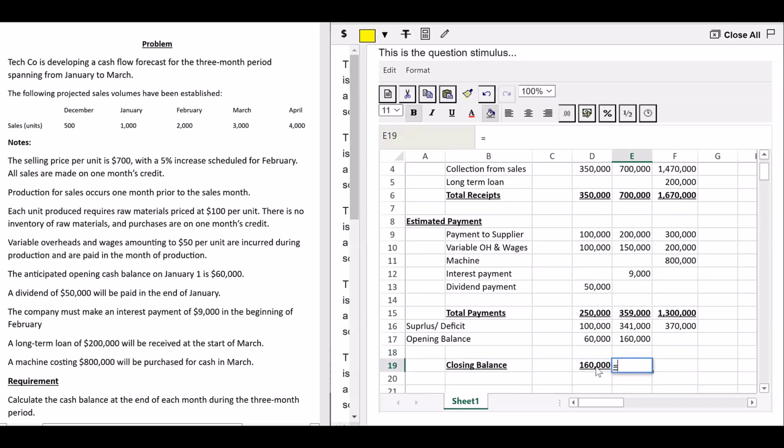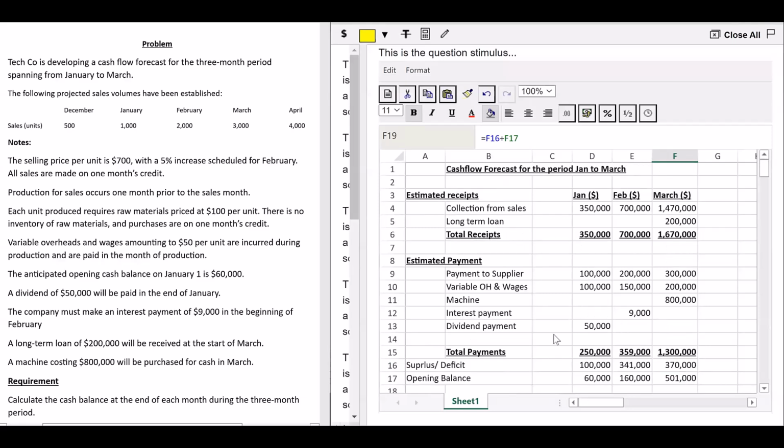And again, the surplus or deficit plus opening balance will give me the closing balance of the Feb month, which is 501,000. This 501,000 will become the opening balance for March. And the March closing balance is going to be the surplus or deficit plus the opening balance, which turns out to be 871,000.